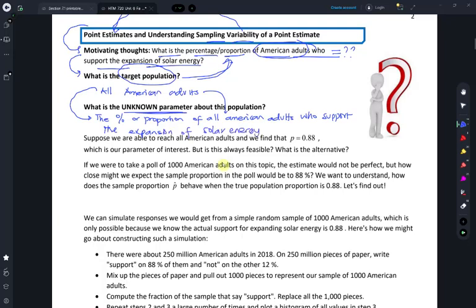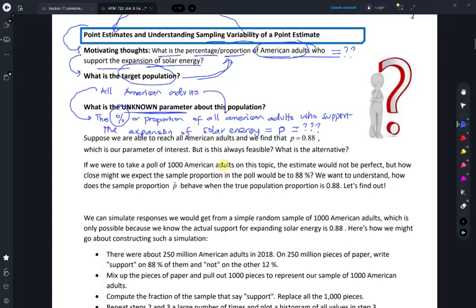Now, how are we going to figure out what this percentage is? First of all, let that unknown percentage be represented by the letter P. And in this case, P, that proportion or percentage, is unknown.